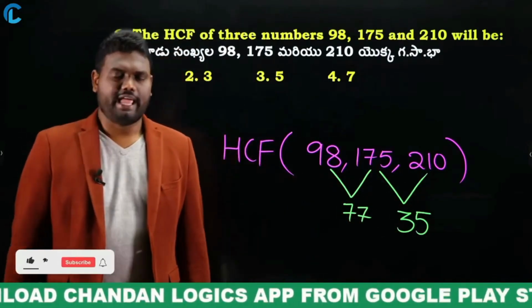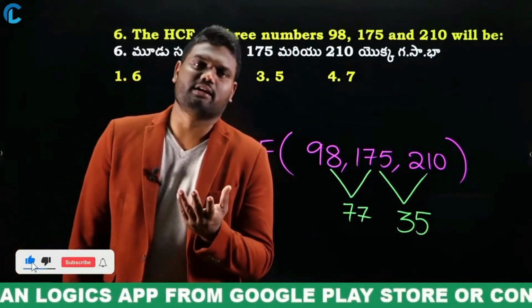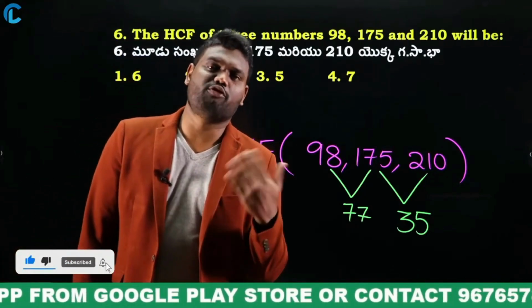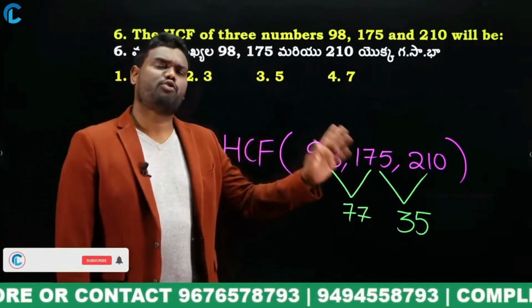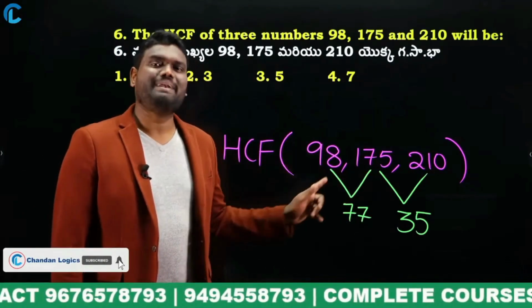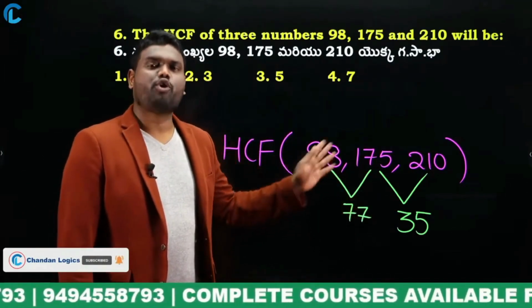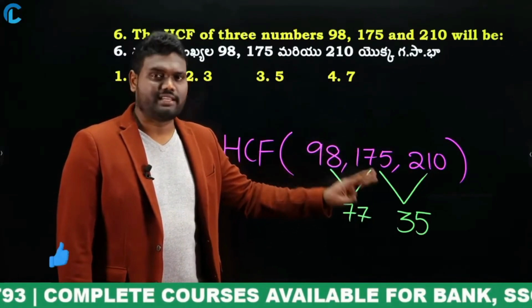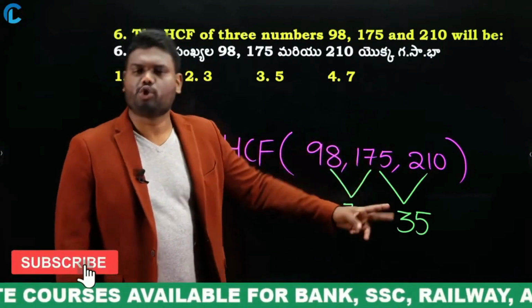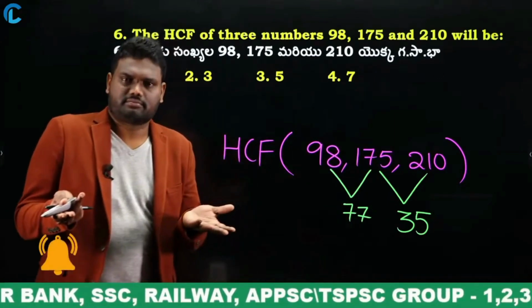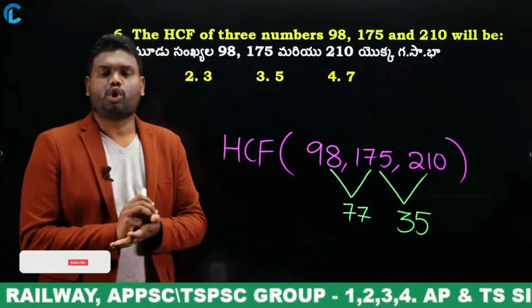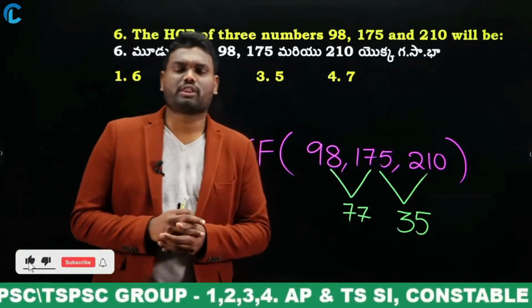Is that clear? Again, so many students will get worried if the number of numbers is 3, 4 like that. But simple: whenever you have 3 numbers or 4 numbers or more, simply take the differences. If you have 4 numbers, when you take the difference, you will get 3 numbers. Again take the difference, you will get 2 numbers. Then it is very easy. So if the number of numbers is more than 2, don't worry.